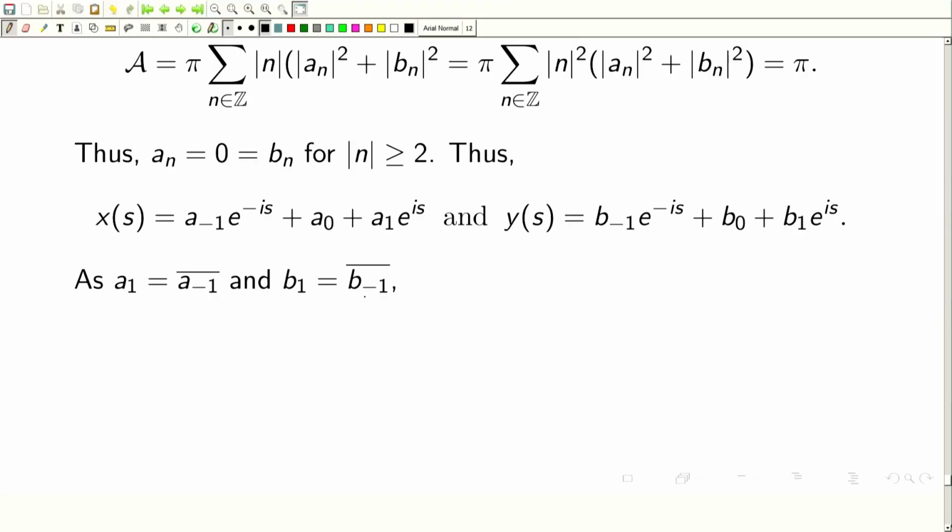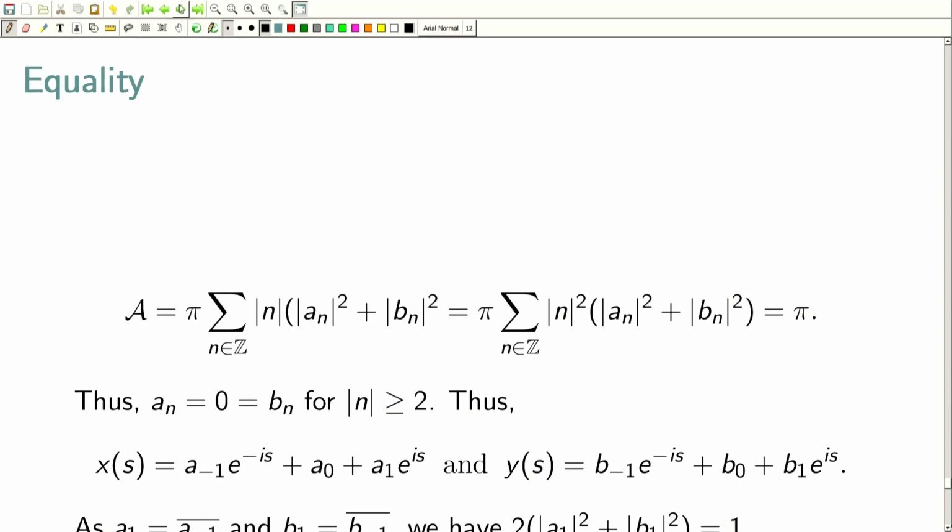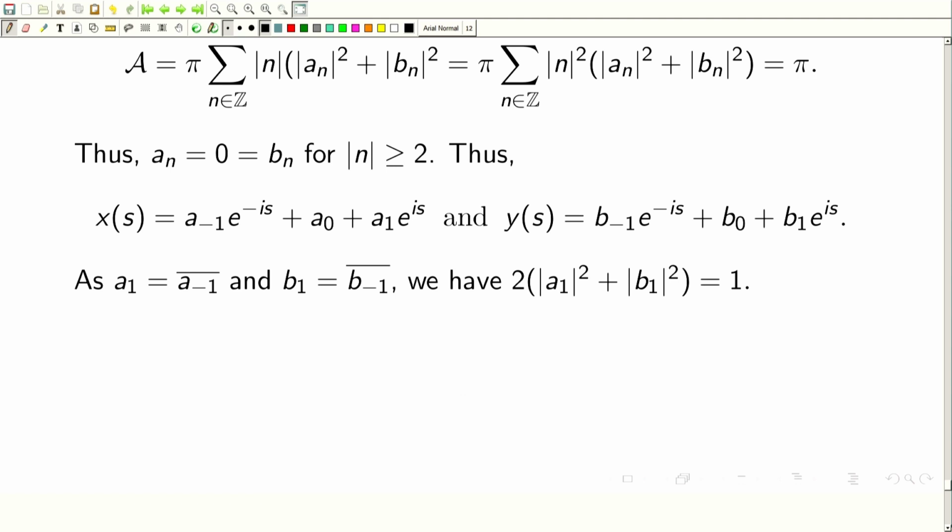Equating both, we have got this relation, and b_1 is equal to \bar{b}_{-1}. So, what do you get over here? We have 2(|a_1|^2 + |b_1|^2) = 1.